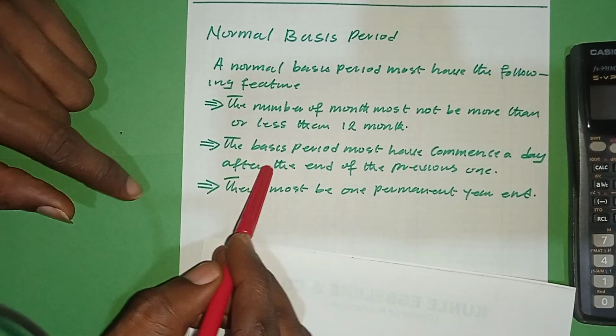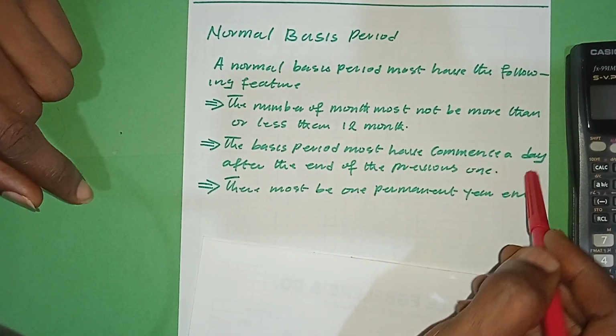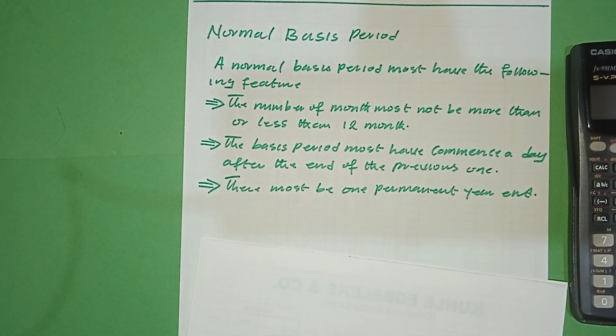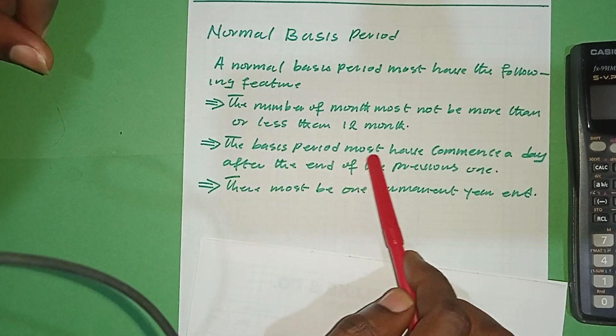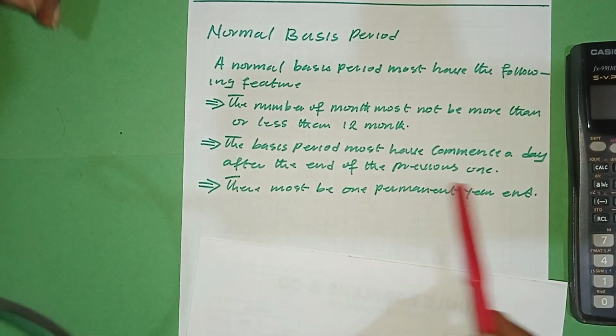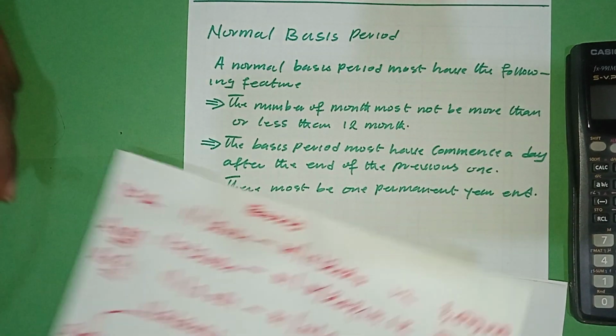Two, the basis period must have commenced a day after the end of the previous year. You understand? The basis period must have commenced a day after the end of the previous year. This is what they mean.